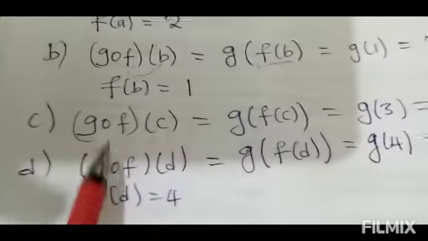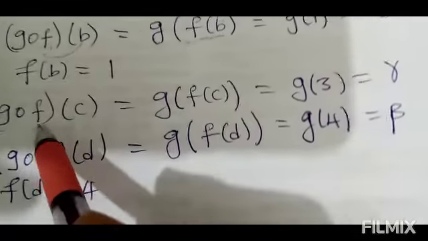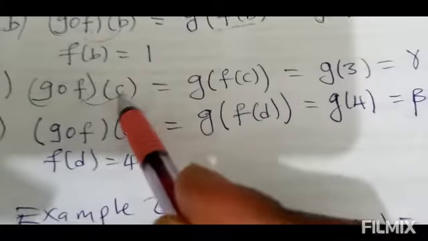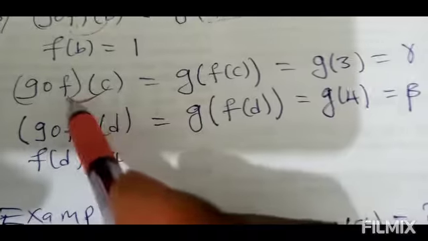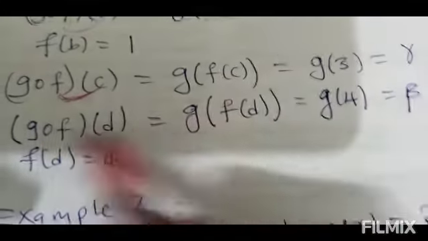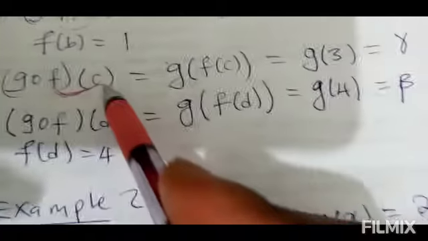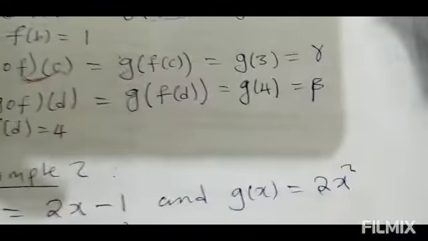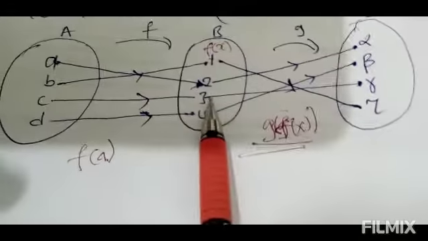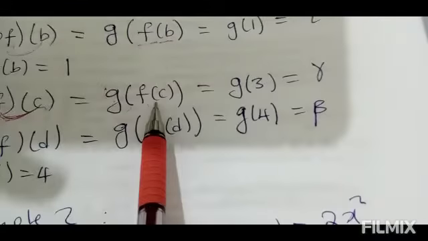Then likewise, g of f of c. We take f and c, then g outside, g of f of c. Now what is f of c? c goes to 3, so this becomes g of 3 because f of c is 3.